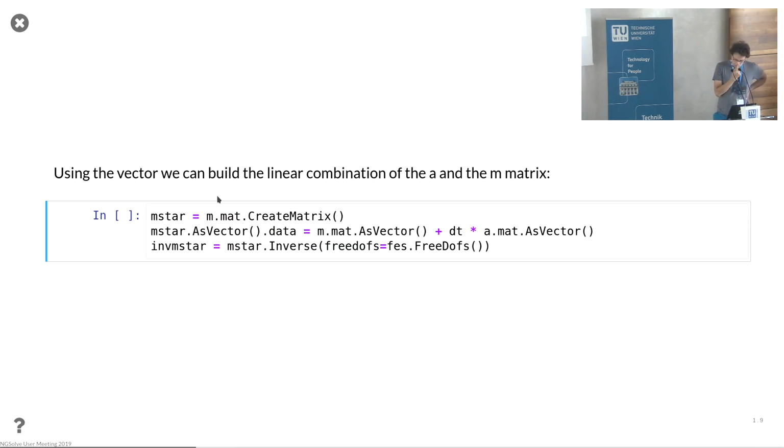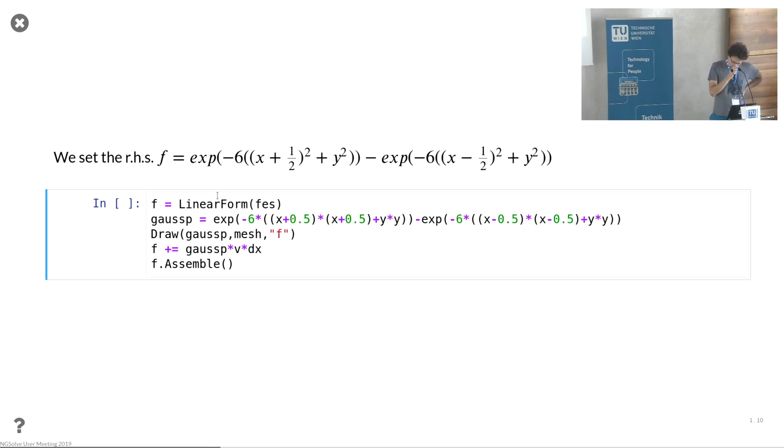This is what we use now to form this M star matrix, by using the values in the sparse matrix and linearly combining them. Because we have the same memory layout, we will get the correct matrix. What we get out of this operation is the same as if you would assemble a bilinear form with the corresponding terms inside. Then we invert this already to prepare the implicit Euler step.